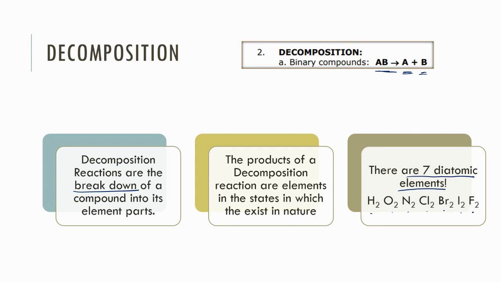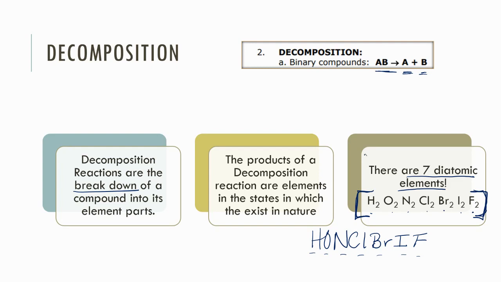They're diatomic. So I like to remember these by saying this word, Honkelbrief, and I like to call it the Honkelbrief Club. And that's how I remember the 7 diatomic elements: Honkelbrief, hydrogen, oxygen, nitrogen, chlorine, bromine, iodine, fluorine.